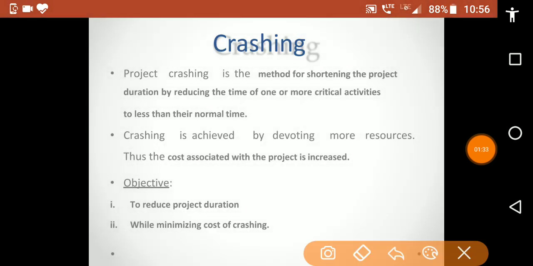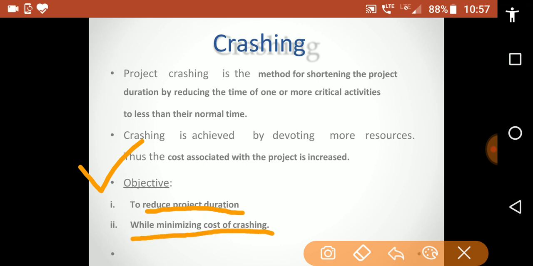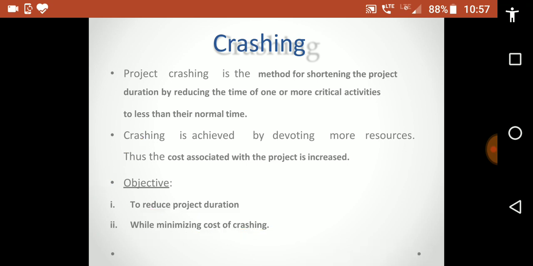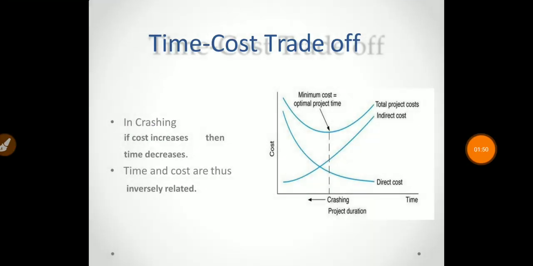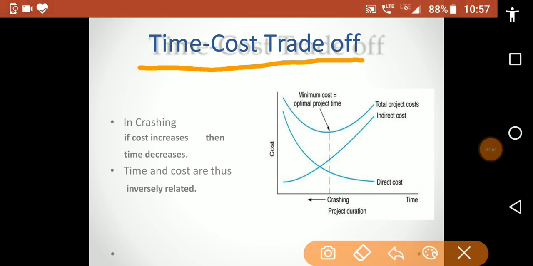Now, let us see the objectives of project crashing. The first objective is to reduce the project duration. The second is to minimize the cost of the crashing. So, let us see the time cost trade off.